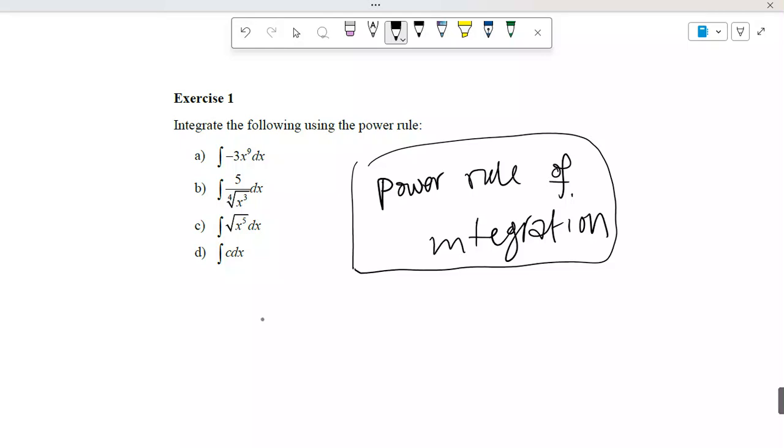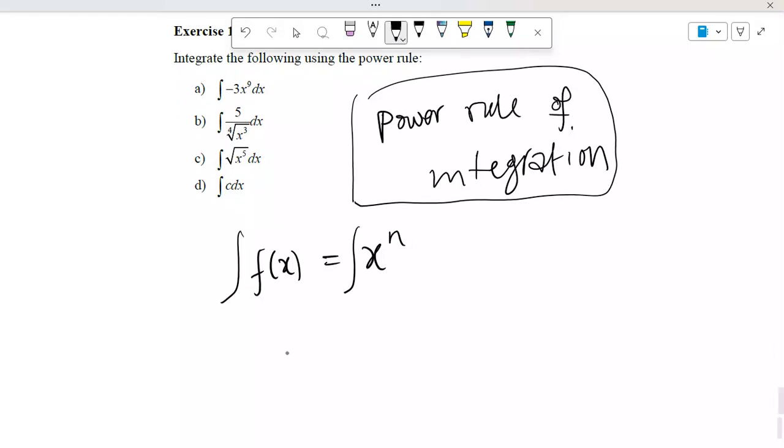There is a general form. For example, you have a function f of x equal to x to the power n, and we say integrate this function. You add the power.